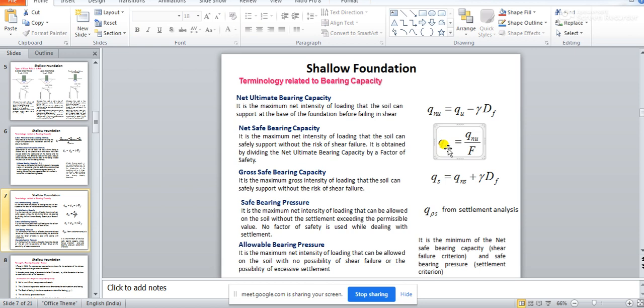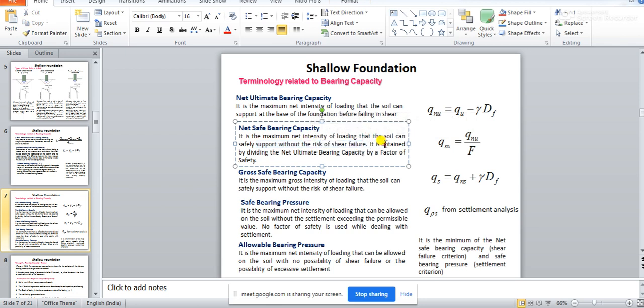QNS is nothing but the previous term, QNU, divided by F, and F is nothing but the factor of safety. So it is the maximum net intensity of loading that the soil can safely support without the risk of shear failure.